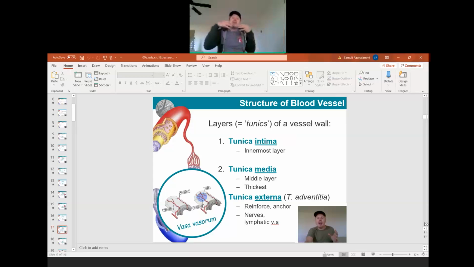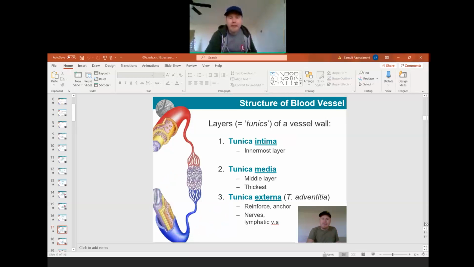So does a blood vessel. And if it is a really big blood vessel, it becomes harder for it to receive blood supply from inside, from the lumen of that vessel. So instead, we see this adaptation of little vessels supplying the blood vessel wall itself. Those are known as vasa vasorum.